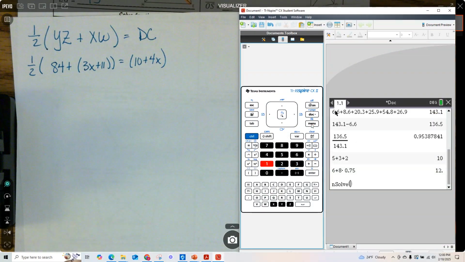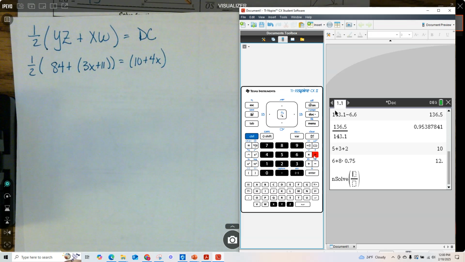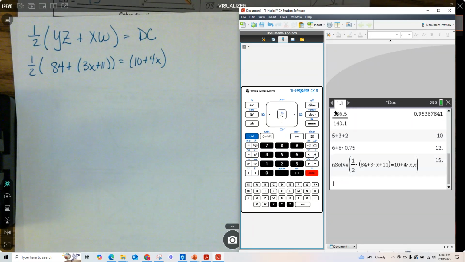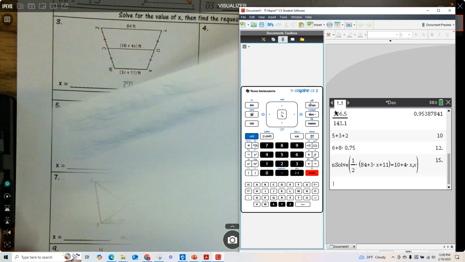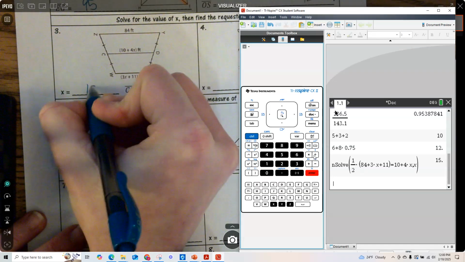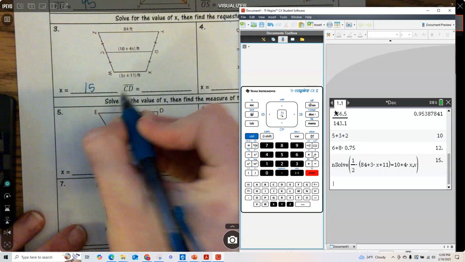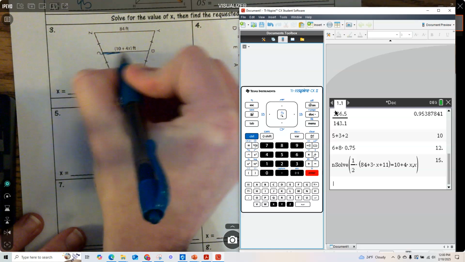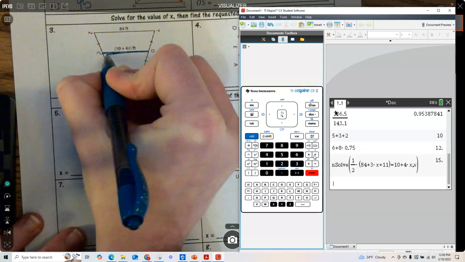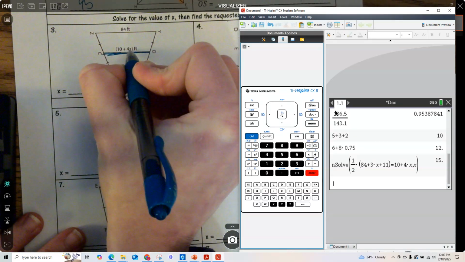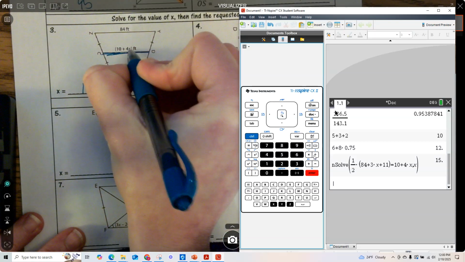We can do menu 3-1 and then type it in. Parentheses and all. Some of you guys started to see last week how dropping a parenthesis really changes a problem. And we get X is 15. So this wants me to find CD. This is CD right here. So I'm going to take my X value and plug it in for this X here.